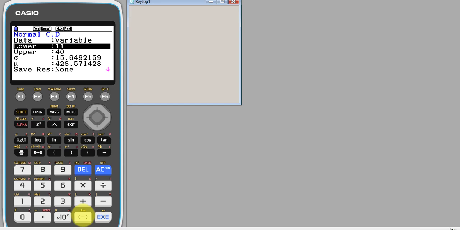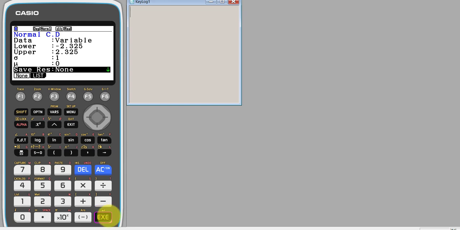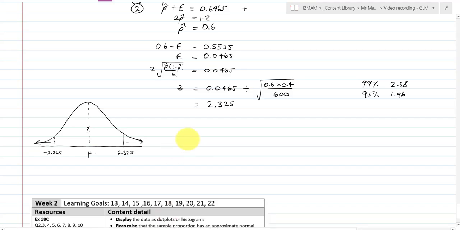So what percentage of the data lies between negative 2.325 and positive 2.325, where sigma is 1, because they're z-scores, and mu is 0, and that gives me 0.9799.